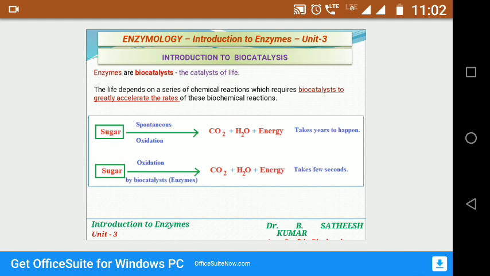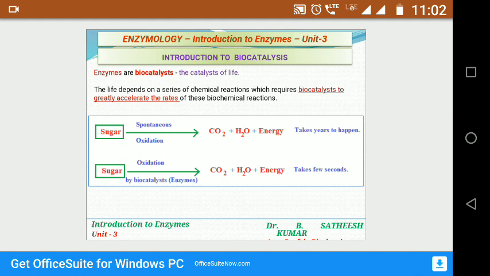First of all, the definition of enzyme I explained. As we all know, enzymes are biocatalysts. Before going to see the definition of enzymes, we have to know what is a catalyst.